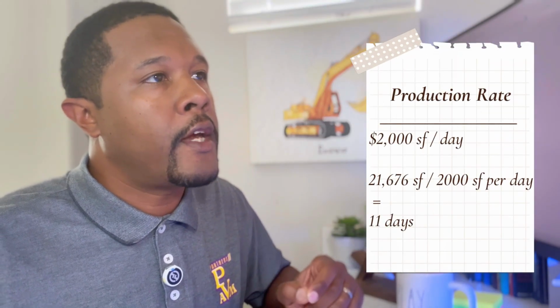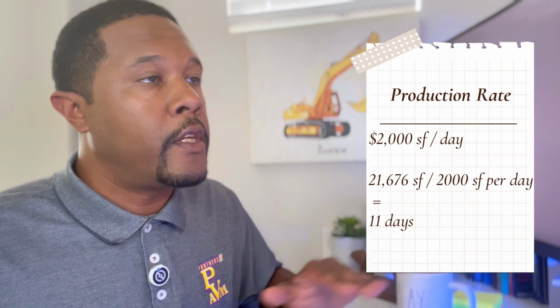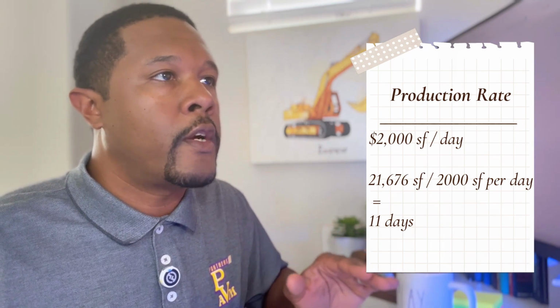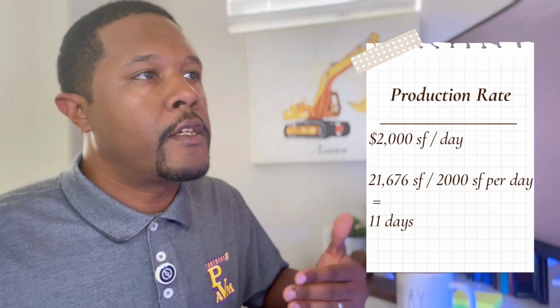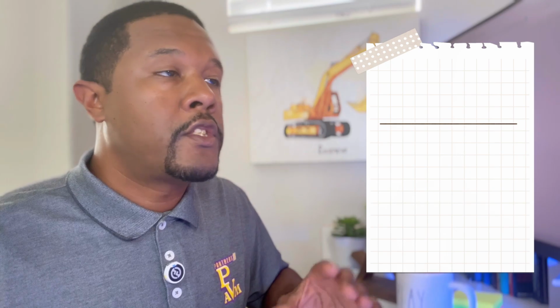Now for a slab on grade, a solid production rate is going to be anywhere from 1,500 to 2,500 square feet a day, depending on the complexity. Let's go ahead and carry 2,000 square feet per day. So if we add all that together, 21,676 square feet for the whole slab, divided by 2,000 square feet per day, it's going to take us 11 days to do this. Now assume 10-hour days, which translates to 110 total crew hours.